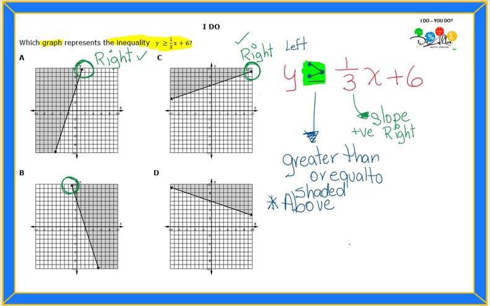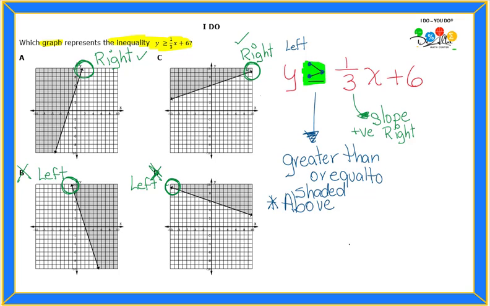Which way is it going? It's pointing to the left. Therefore, that cannot be my answer, because I'm looking for something that is pointing towards the right. I am going to highlight the highest point of the line, and that is also pointing to the left. And I don't want the left, I want the right. So you see, we eliminated 2 answers already.